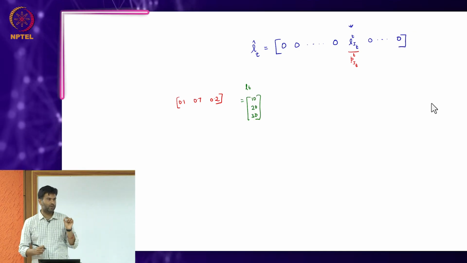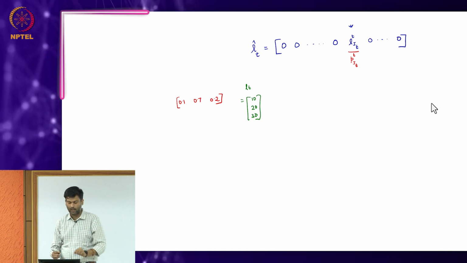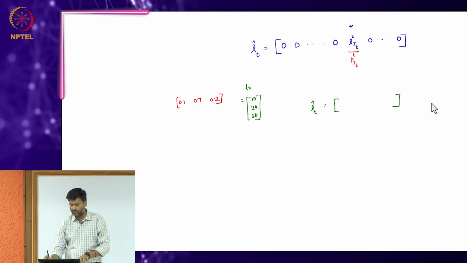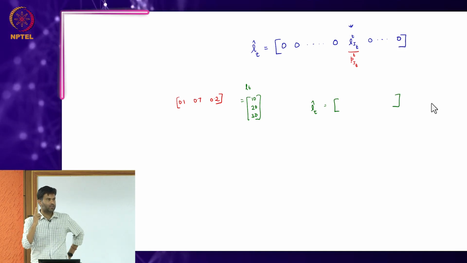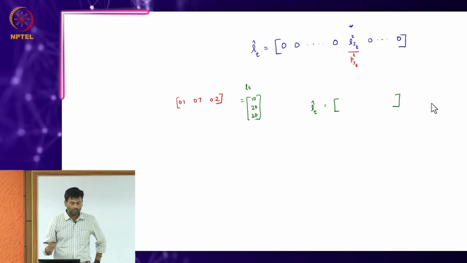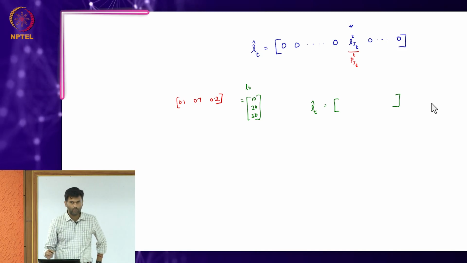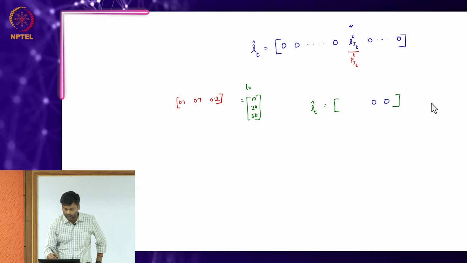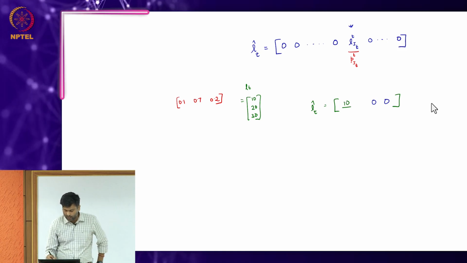If I pick the first arm, what is the L hat t that I construct? I observe 10, I do not observe the others, so they are 0. I observe 10, but then I divide 10 by 0.1.